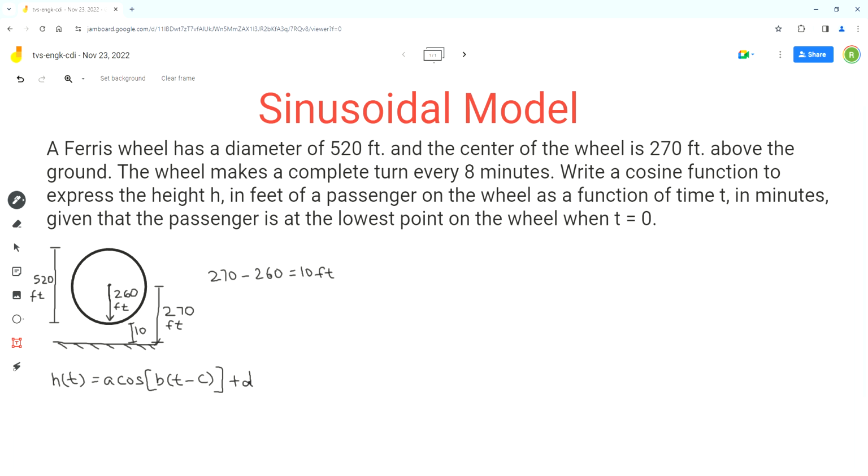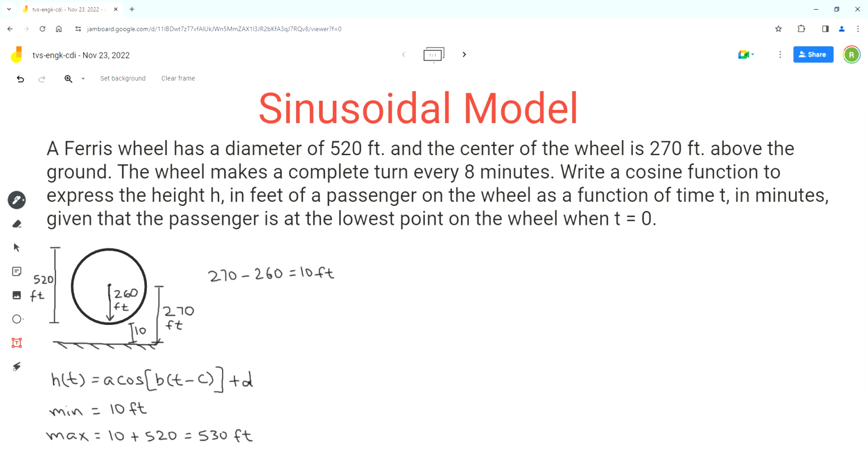So the minimum height will be equal to 10 feet and the maximum height of the passenger will be equal to 10 plus the diameter of the wheel, which is equal to 530 feet.